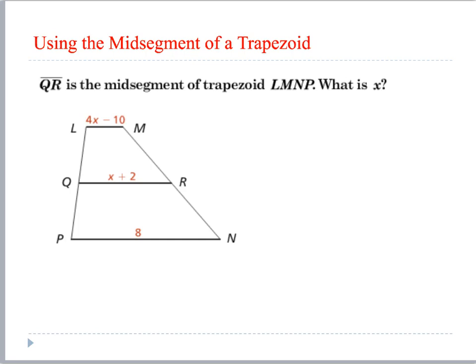All right, so now let's use that concept here to solve this problem. QR is the mid-segment. What is the value of x?